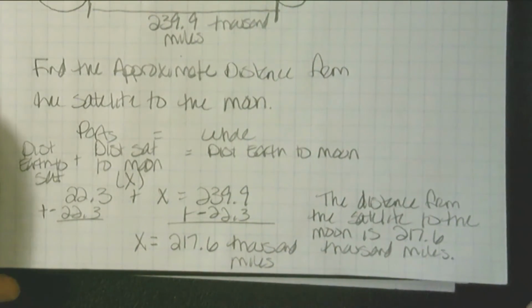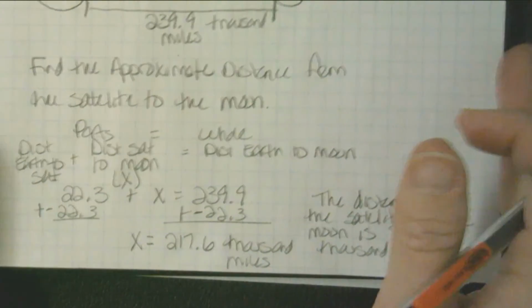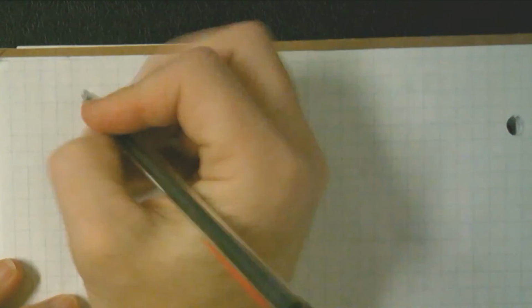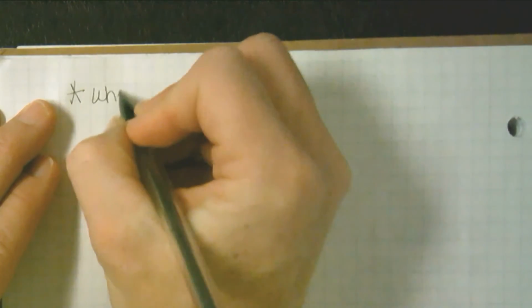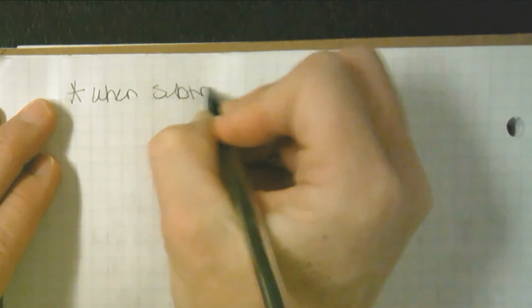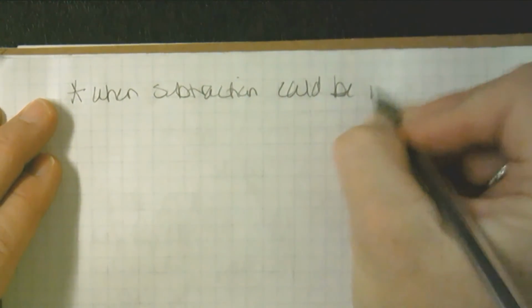Okay. Let's look at another one. Questions on this one? Okay. All right. The next one is similar to our exception. So when we have, I'm going to put a little note here. When subtraction could be in a game plan.